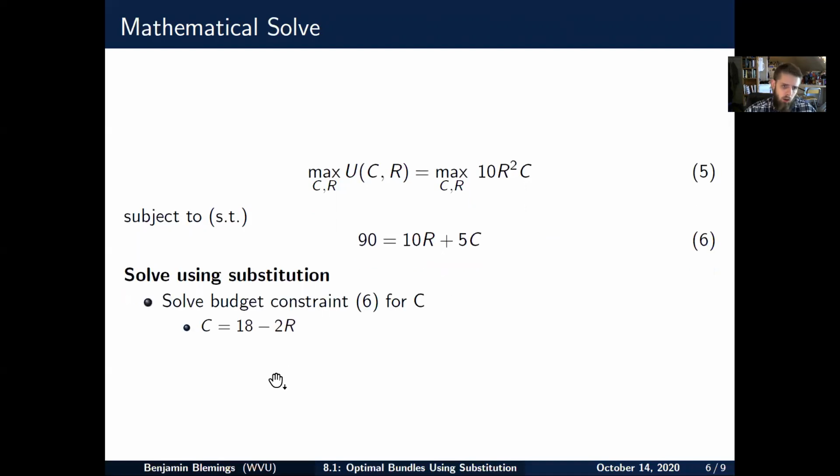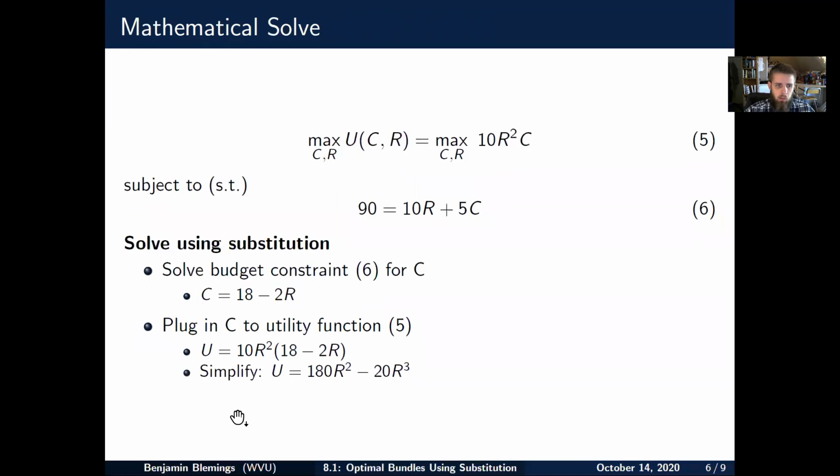Let's start by solving equation 6 for C. I'm going to subtract 10R, and then I'll have 90 minus 10R equals 5C, and then I can divide by 5 and solve for C, and I get 18 minus 2R. So C equals 18 minus 2R, and now I have something that I can plug into equation 5 to make it a single variable problem.